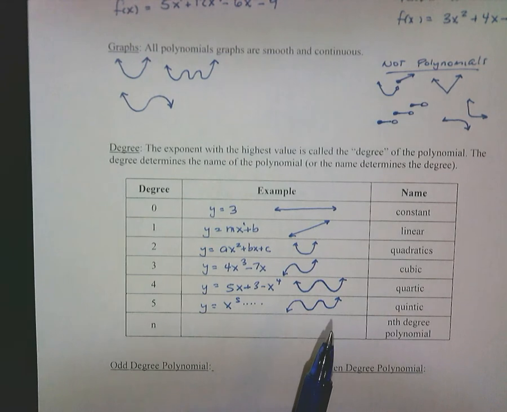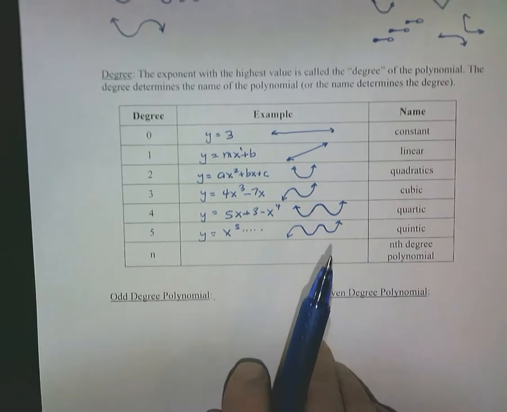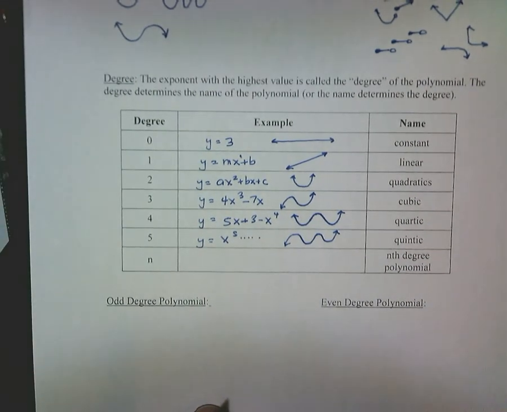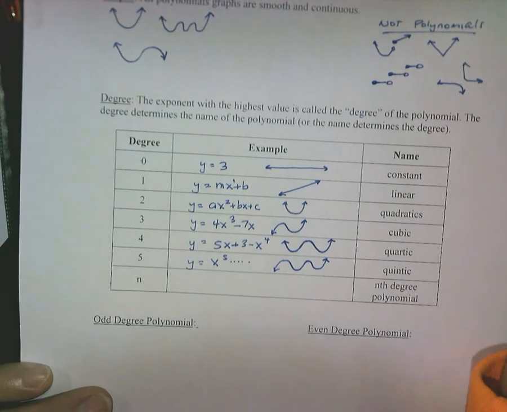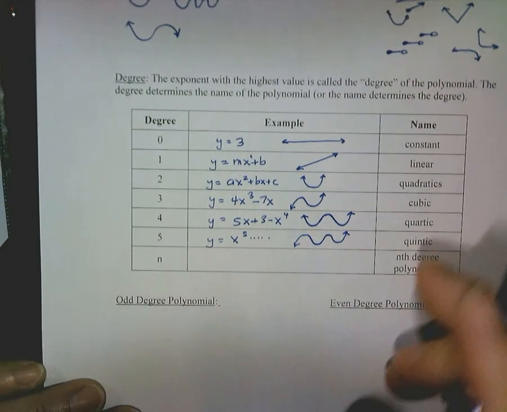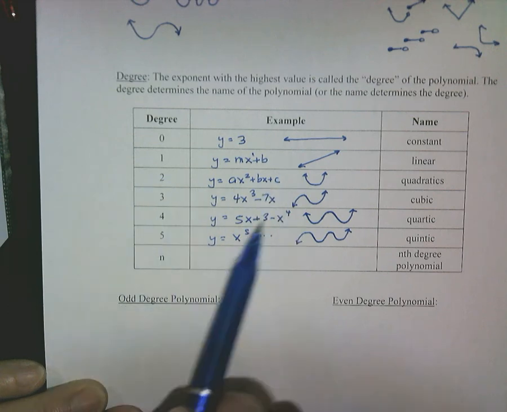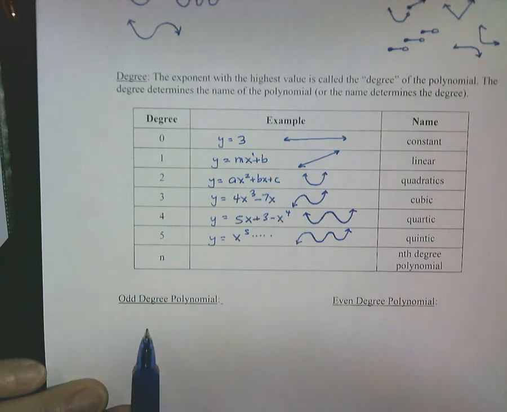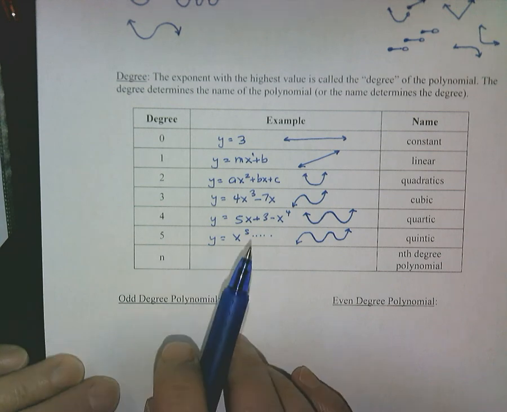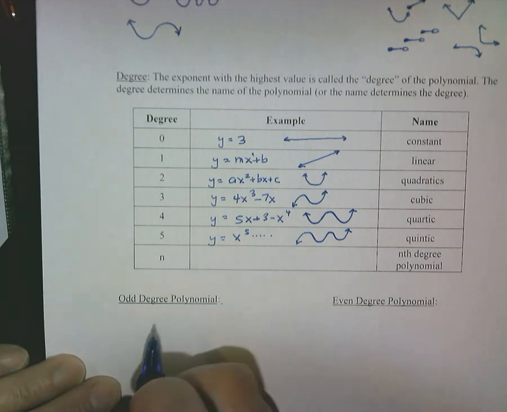So there's also a pattern with these. I love patterns. They make my life a lot easier. Odd degree polynomial. So my odd degree polynomials are like this 1, this 3, and this 5. All odd degree polynomials end up in opposite directions.